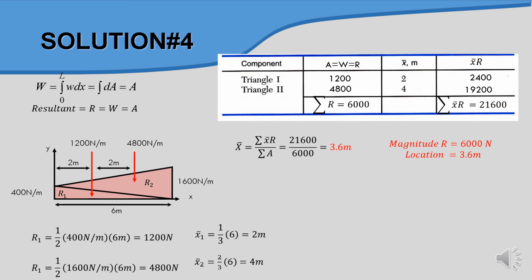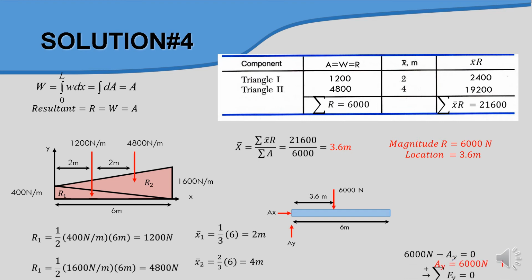So in this case, we will draw the diagram. It can be something like this, and then we proceed to get the Ax and Ay. Okay, so in this case, the value of Ay is equal to 6,000, and for the Ax, the value is 0.